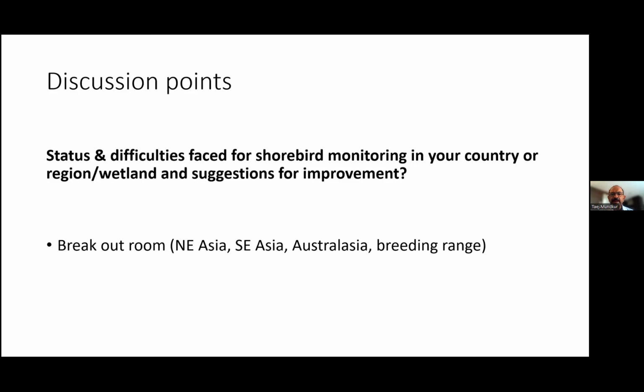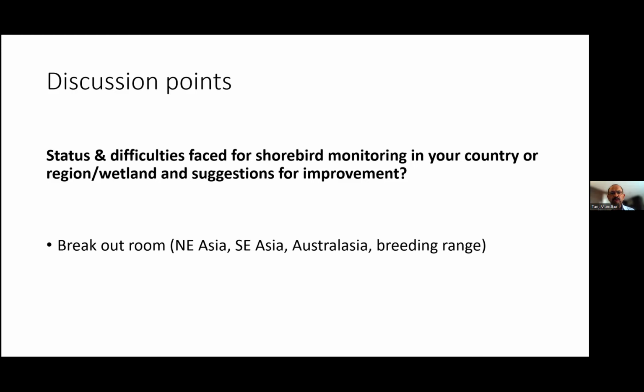What we are learning clearly is that some species don't follow the flyway definitions, fortunately, such as the curlew sandpiper, which is in both the Central Asian Flyway and the East Asian-Australasian Flyway.